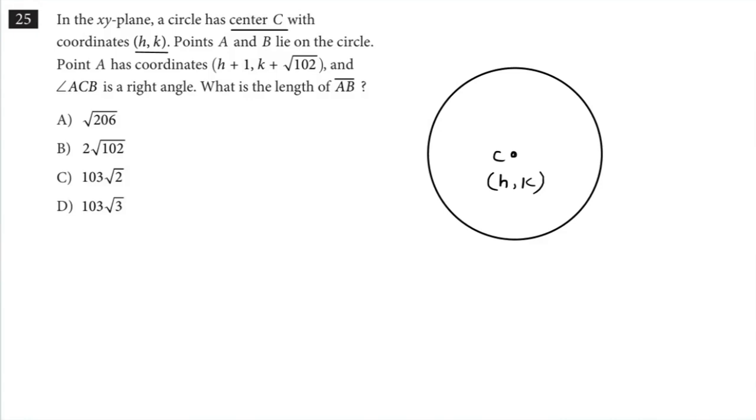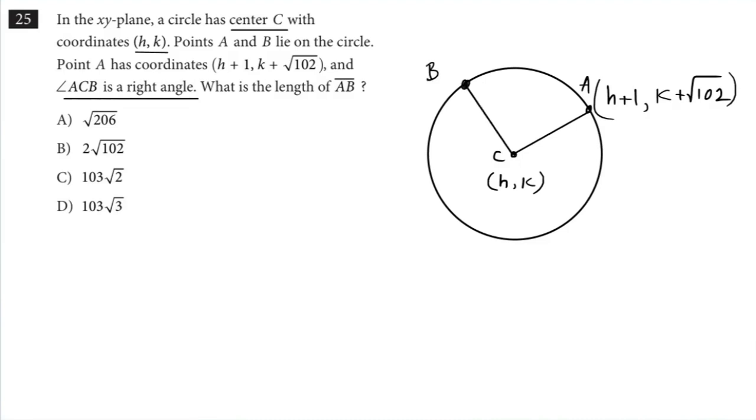Point A has coordinates h plus 1, because it's 1 to the right of h, and k plus the square root of 102, so it's above k. It must be here somewhere, A. And angle ACB is a right angle. So I know that B can either be here somewhere or there somewhere. It's just a non-scale diagram, remember. So I know that this is 90 degrees.